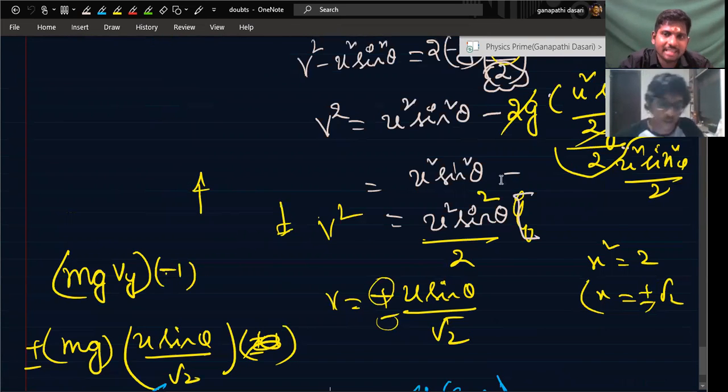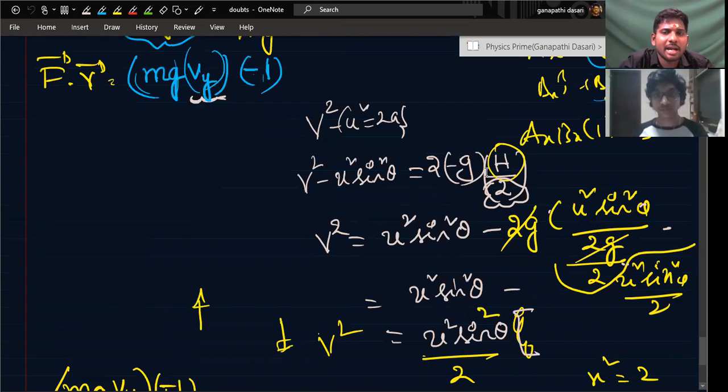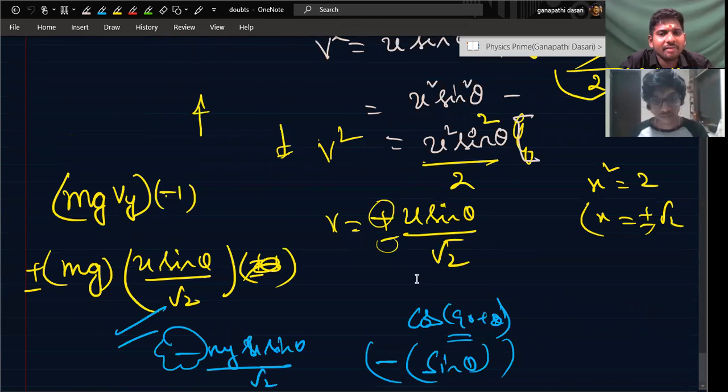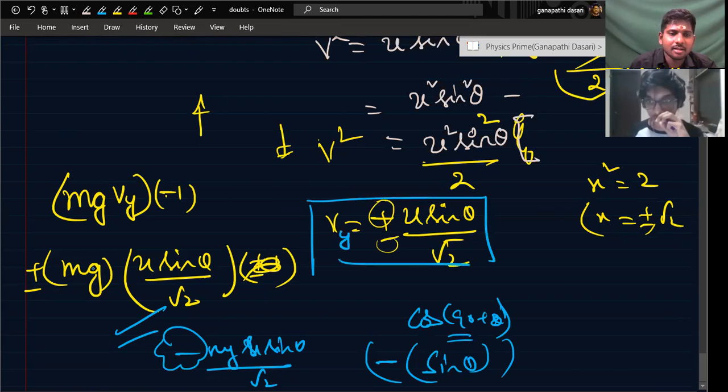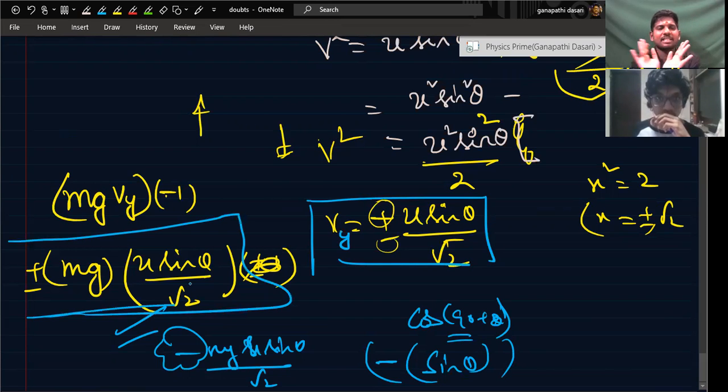At half of the height, h by 2, I applied it and tried to get the real answer. What is the final velocity? That is nothing but Vy. You check the answer. The basic equation is simple, it just made the calculation look like a bigger problem.